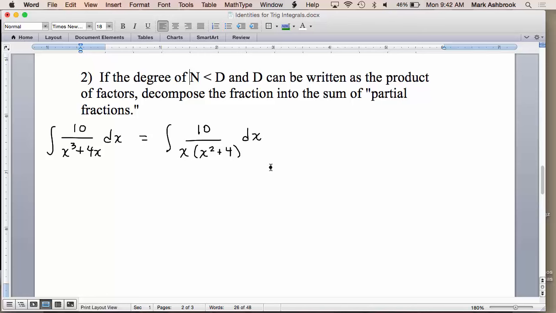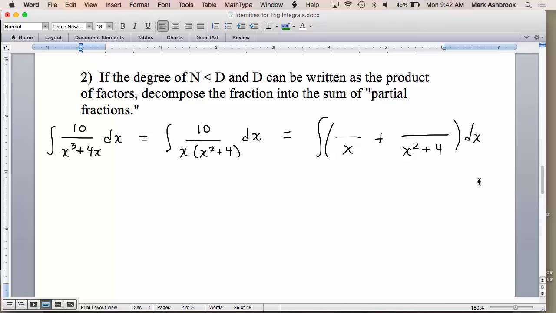So now the question is, how does this look in decomposed form? It's going to be something over x and over x squared plus 4. So remember what we said. What you're going to put in the numerator is going to be an expression that's 1 degree less than the denominator.